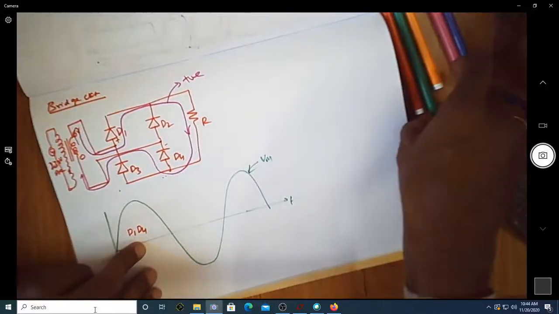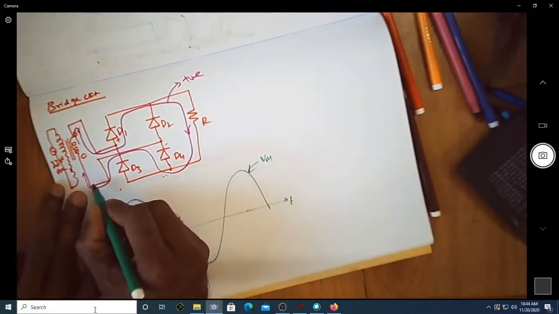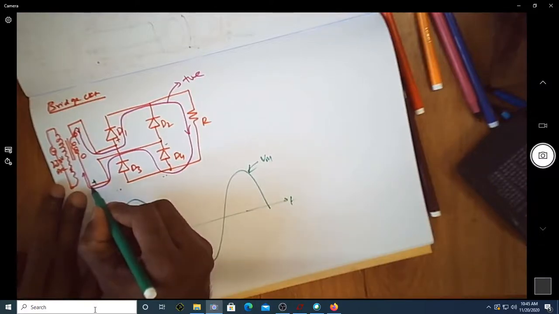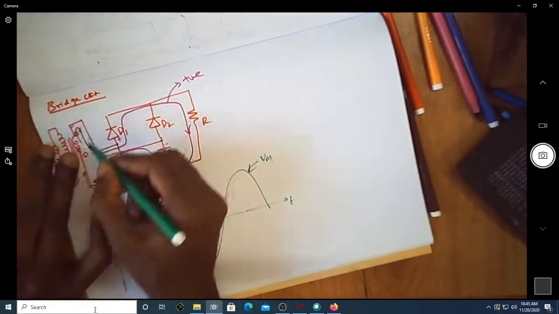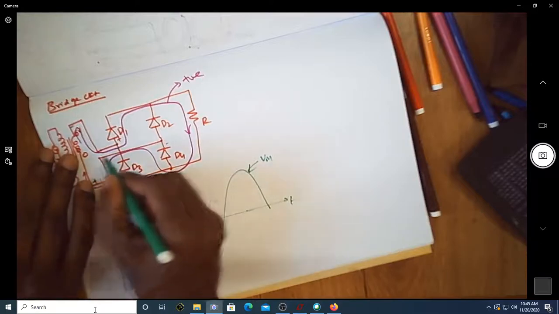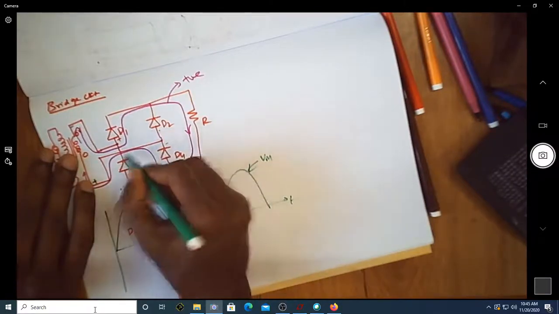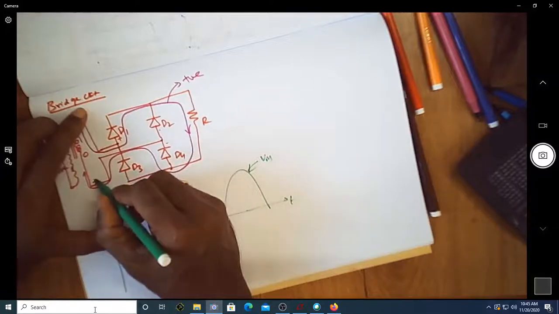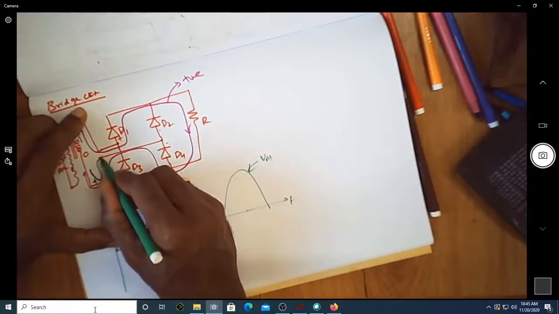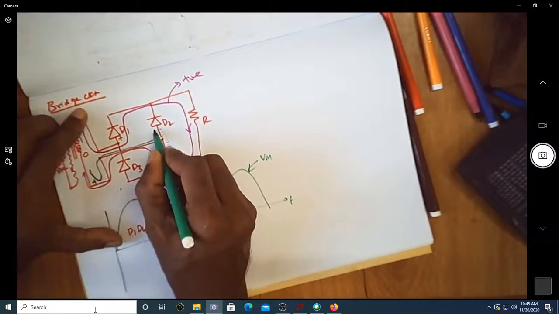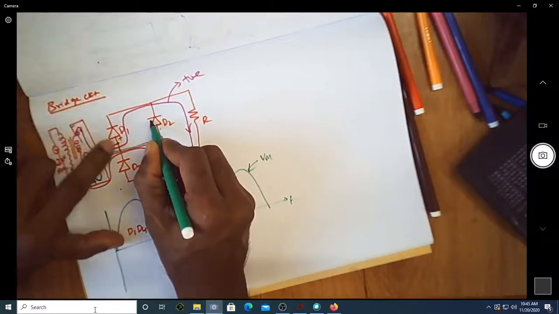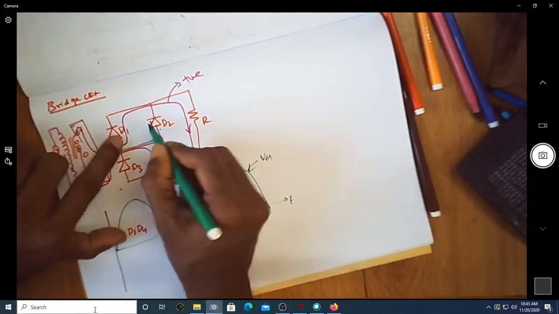So during the negative half cycle, you can see this is positive and this is negative, correct? When this is positive, the current now tries to flow like this. So this is how the current is flowing now. Of course this is off, because when it is negative, this negative is going to make this off.